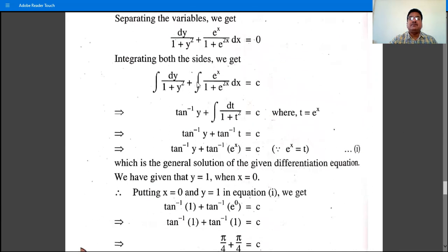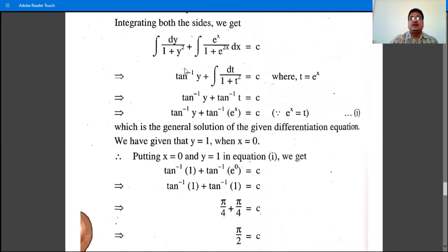What we have? Integration dy divided by 1 plus y square, integration e raised to x divided by 1 plus e raised to 2x dx is equal to constant of integration, and this 1 by 1 plus y square integration is tan inverse y, because derivative of tan inverse y is 1 by 1 plus y square, and integration of this quantity is by using integration by substitution.